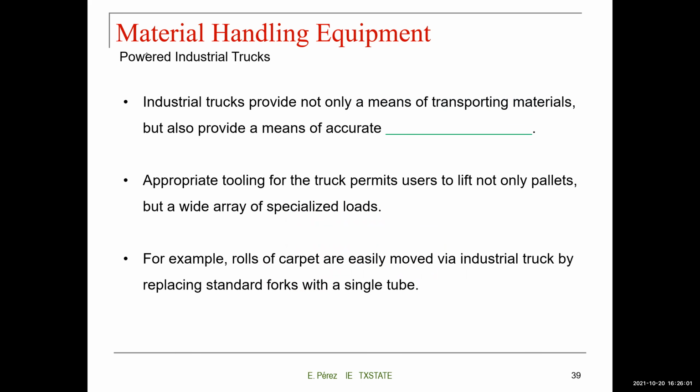Industrial trucks provide not only a means of transporting materials, but also a means of accurate lifting and stacking. Appropriate tooling for the truck permits users to lift not only pallets, but a wide array of specialized loads. For example, rolls of carpet are easily moved via industrial trucks by replacing standard forks with a single tool.